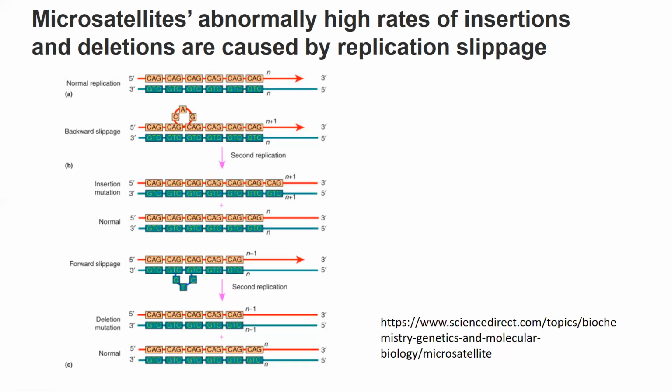However, if there is a slippage during replication, where the newly synthesized sequence slips along the template strand, it can generate an insertion or deletion. On the top is the newly synthesized sequence.